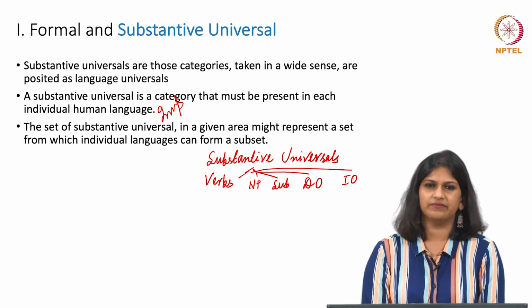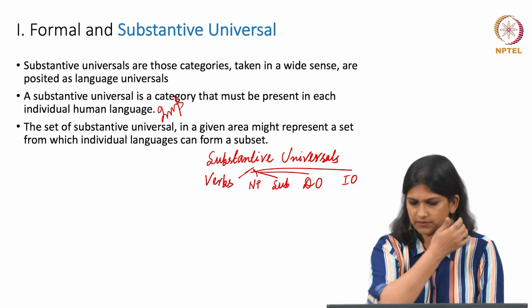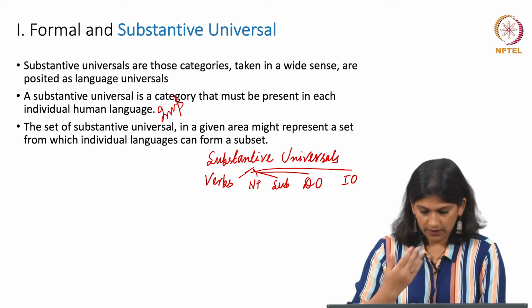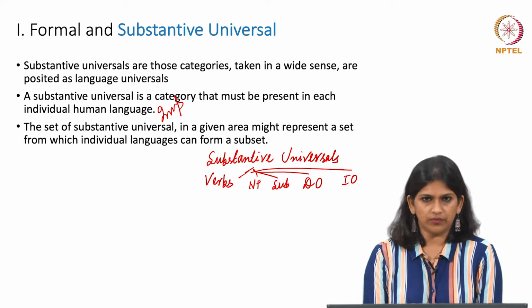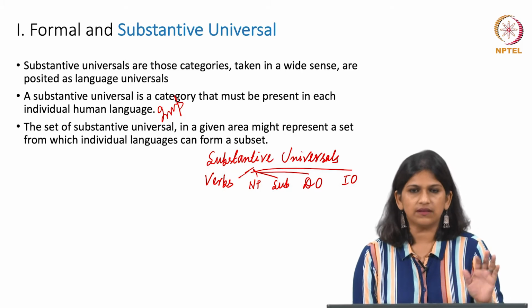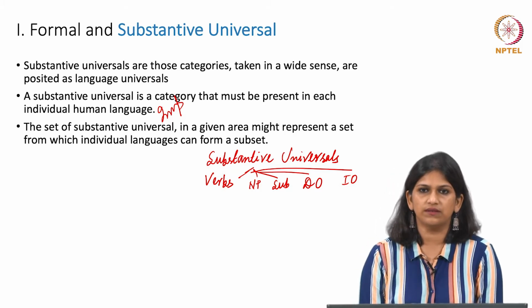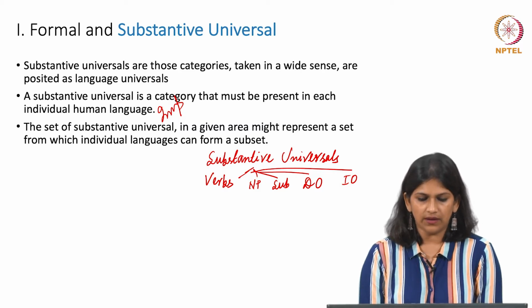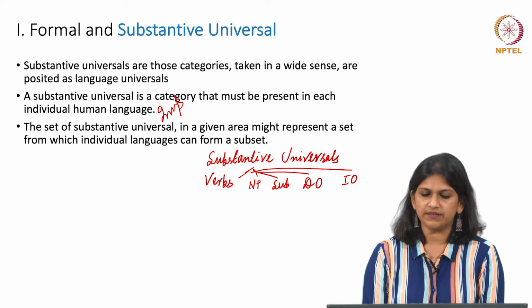We had a bit of discussion on substantive and absolute universals, implicational and absolute universals in some other session, but then let me just give you a categorical difference that these two universal types have. Okay, so first let us look at the substantive universals.